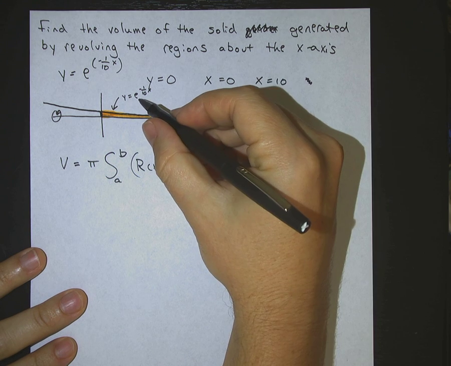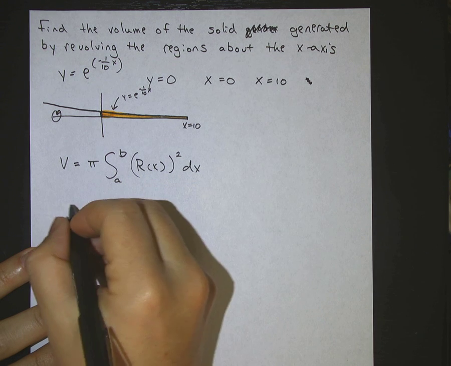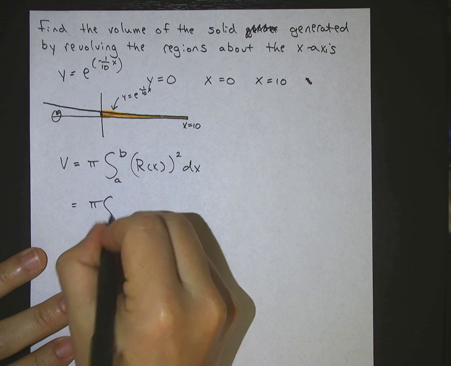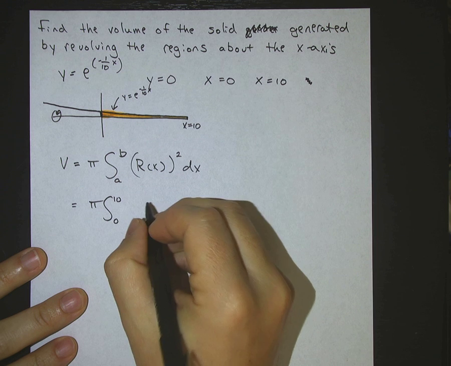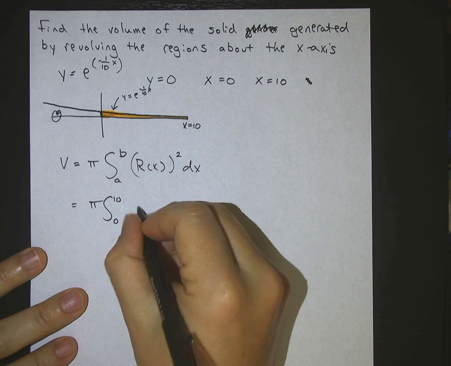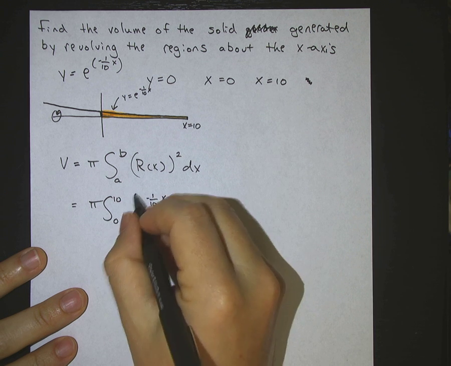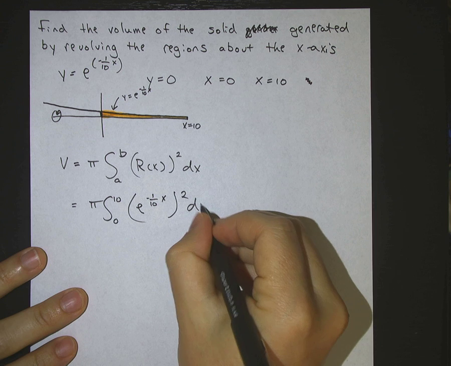The top is e to the negative 1/10 x, bottom is 0, so we don't really need to write it. So I will just put pi from 0 to 10 of the function itself, which is the upper bound, e to the negative 1 over 10 x squared dx.